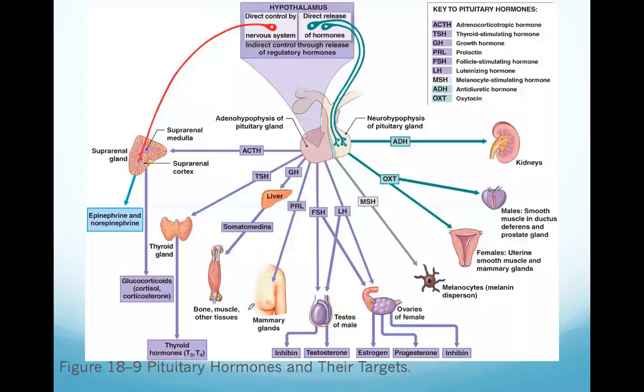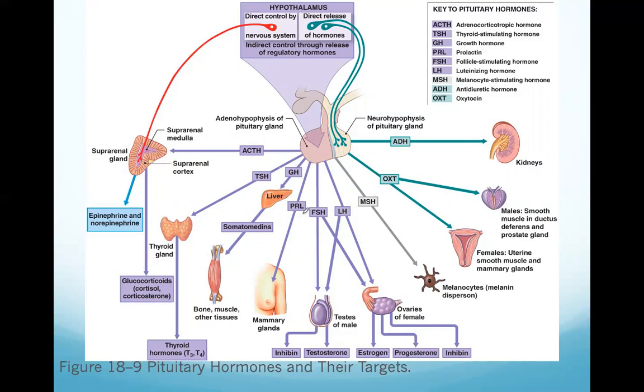So here is a depiction of what gets released from your anterior pituitary gland under the control of the hypothalamus. Again, you have your ACTH, which eventually targets your adrenal gland. We have TSH being released from the anterior pituitary gland, targeting the thyroid gland. We have growth hormone, which is not a tropic hormone, but rather targets the liver and the muscles.